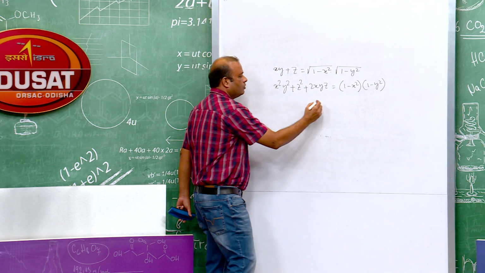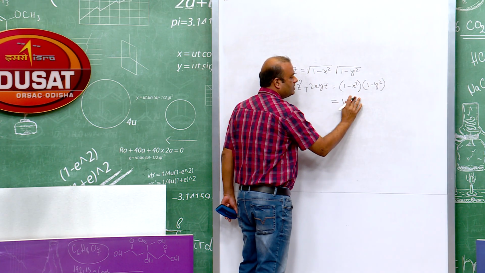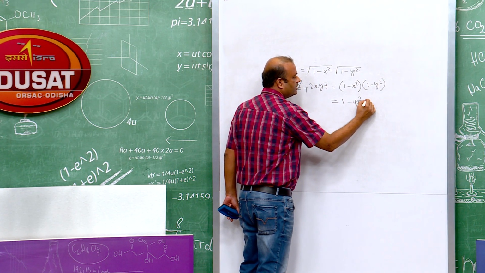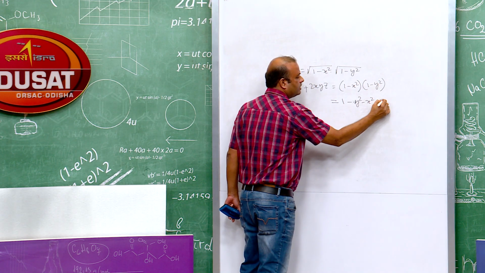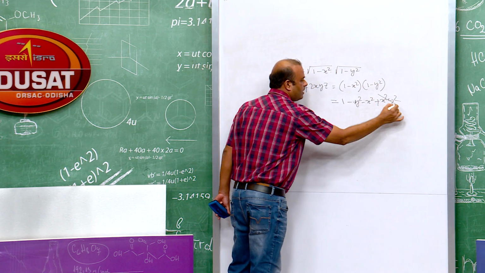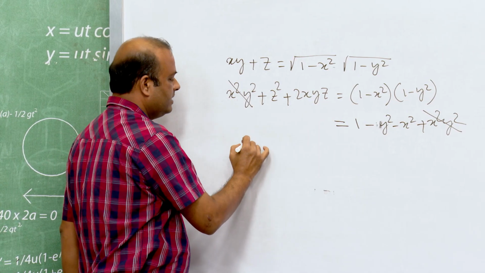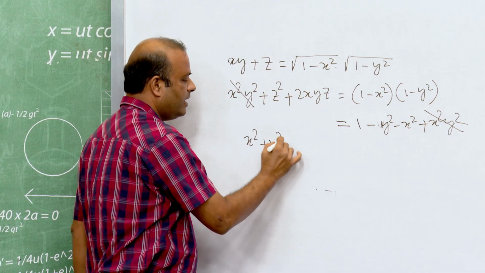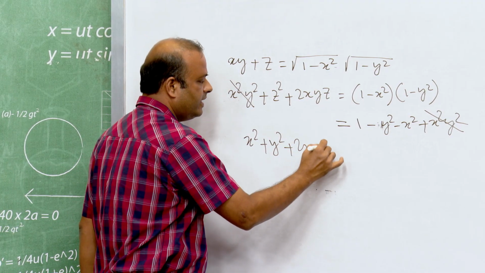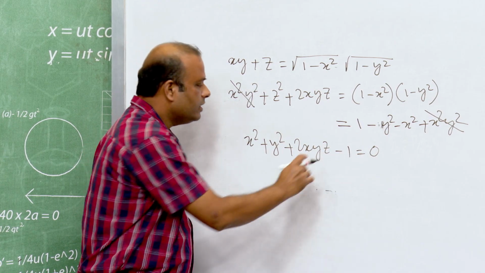Now this is equal to 1 minus y square minus x square plus x square y square. So cancelling out x square y square and taking the terms on this side, that is x square plus y square plus 2xyz minus 1 equals 0, or equals 1.